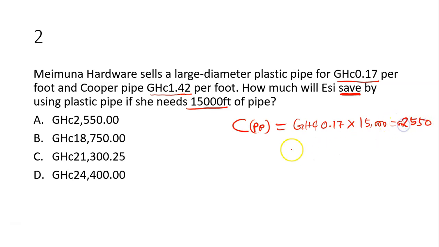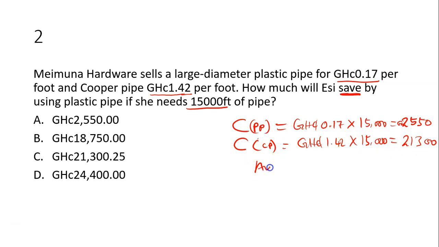Okay. Also, what will be the total cost of the copper pipe? Total cost of copper pipe will be unit cost, which is 1.42, times the amount needed. So when you multiply these two, you get 21,300 Ghana cedis.